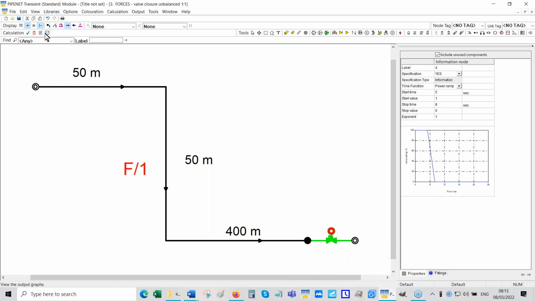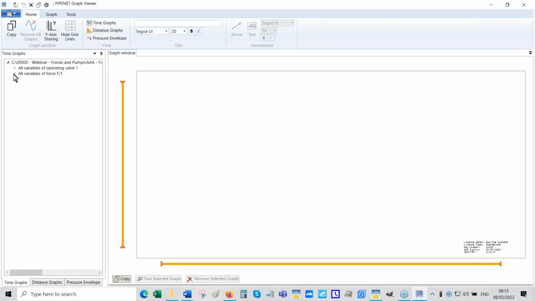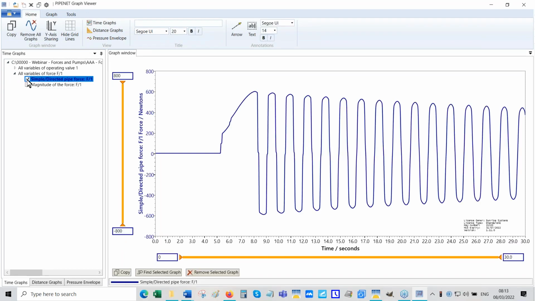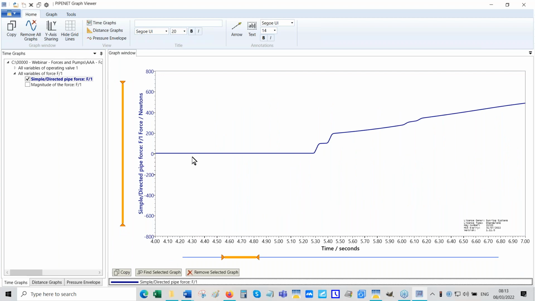In case you missed it, I'll go back to it. So I zoomed in between 4 and 7. I'm sorry, it's not 4 and 7.